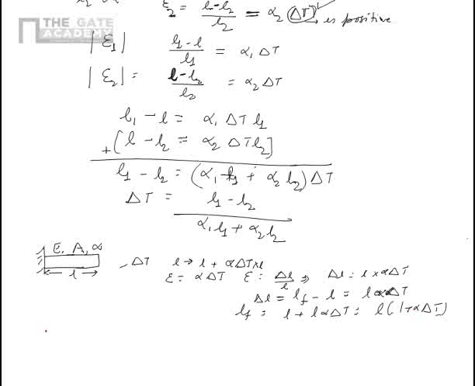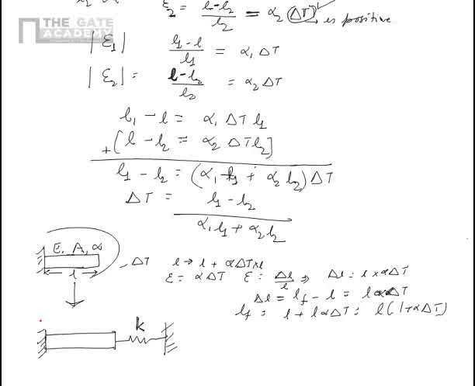Let's make the problem a lot more complicated. This is a very complicated problem which I am going to draw now. Same bar, spring attached to a fixed wall. Spring has a constant of K. The rest of the values are the same.